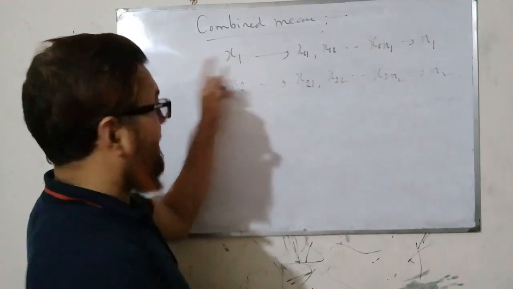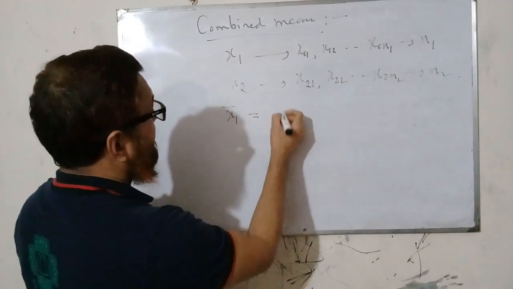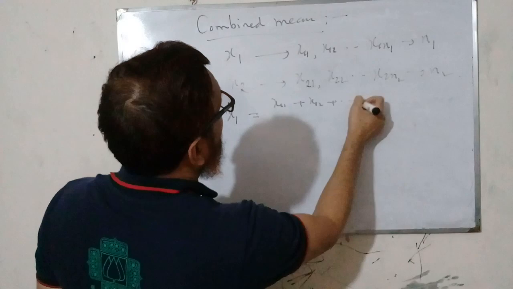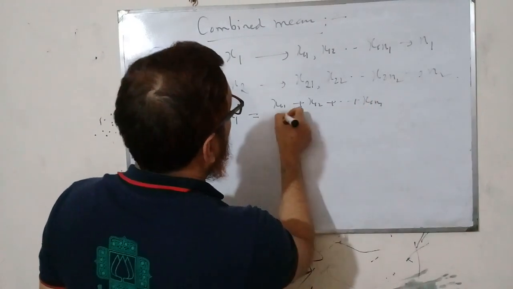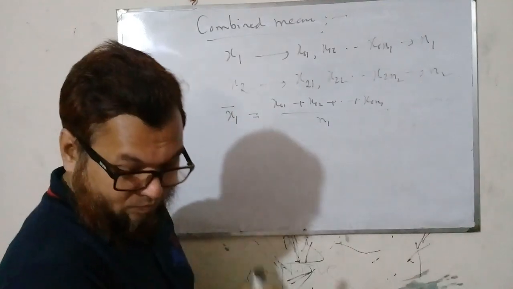Then the mean of x1 bar equals x11 plus x12 plus ... plus x1n1 divided by n1.